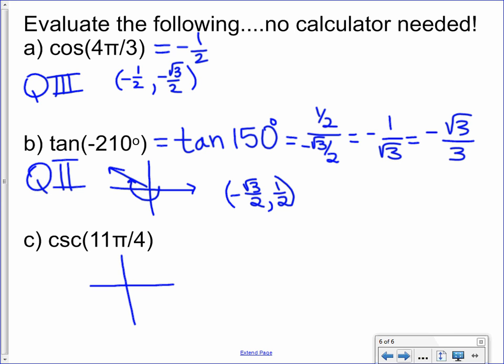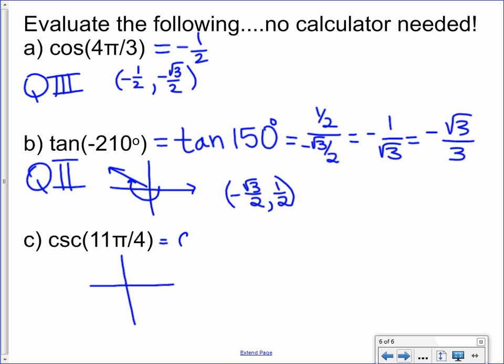How do I find its coterminal angle? Subtract 2 pi. When we subtract 2 pi, 11 pi over 4 minus 2 pi is what?